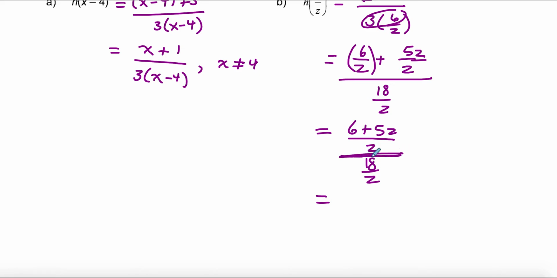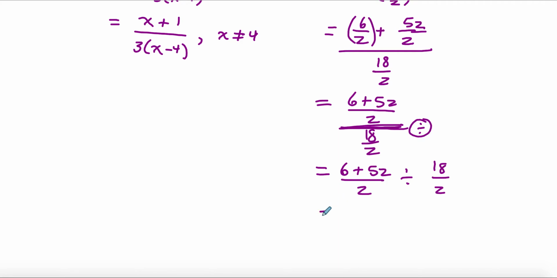This division line between two fractions here can also be written as a division sign like that. So could I just write 6 plus 5z over z divided by 18 over z? And I think it looks so much easier when you write it that way, because I know I'm supposed to invert and multiply times z over 18.